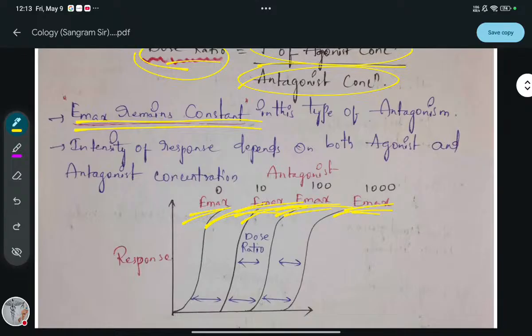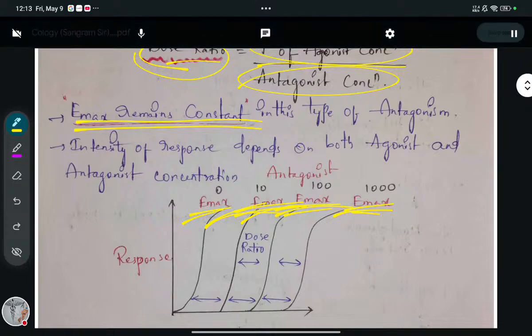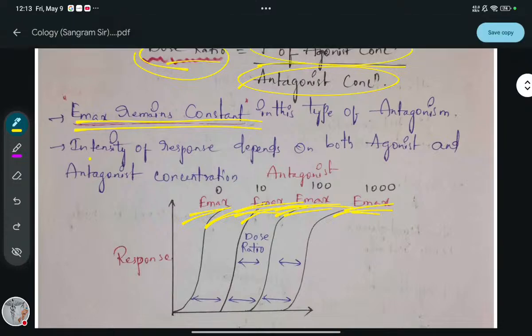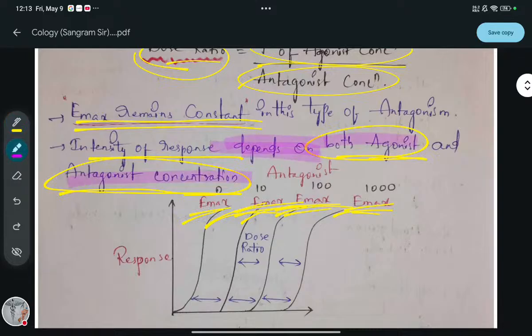So in this type of antagonism, intensity of response depends on both the agonist and antagonist concentration. You have to remember that. In the case of reversible antagonism, intensity of response depends on both the agonist and antagonist concentration.